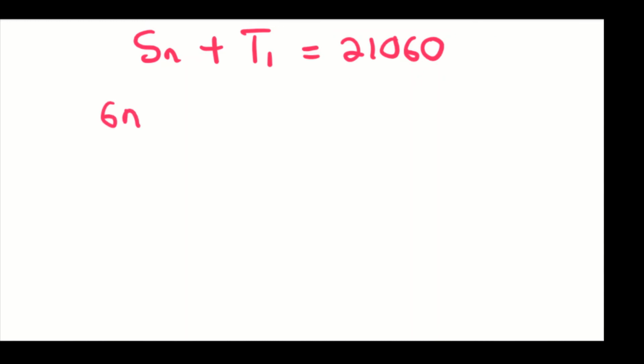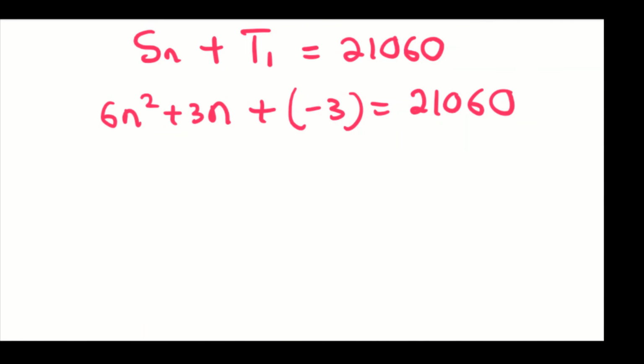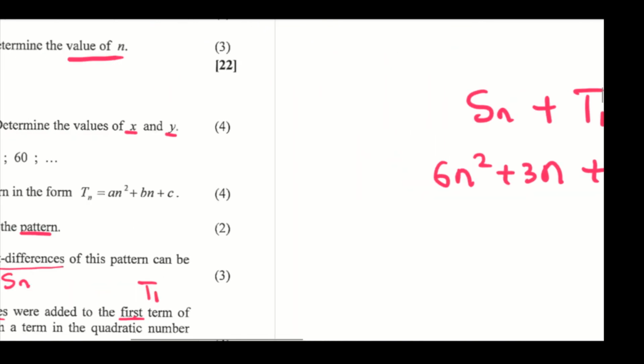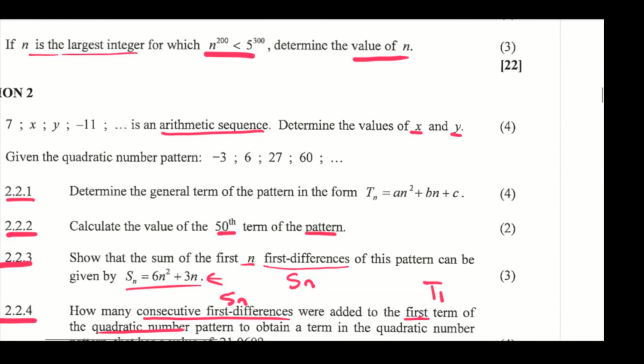So it means now that how many sums were added to the first term of the quadratic number pattern, giving us 21060, right? And we found the sum in the previous question to be 6n squared plus 3n, right? And the first term of the quadratic number pattern is minus 3, right? So minus 3, you can just check it, it's this one here of our quadratic number pattern.